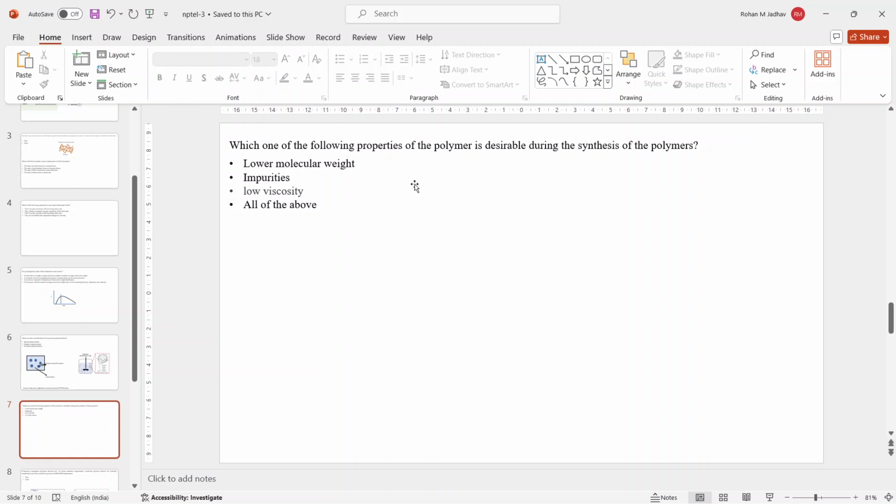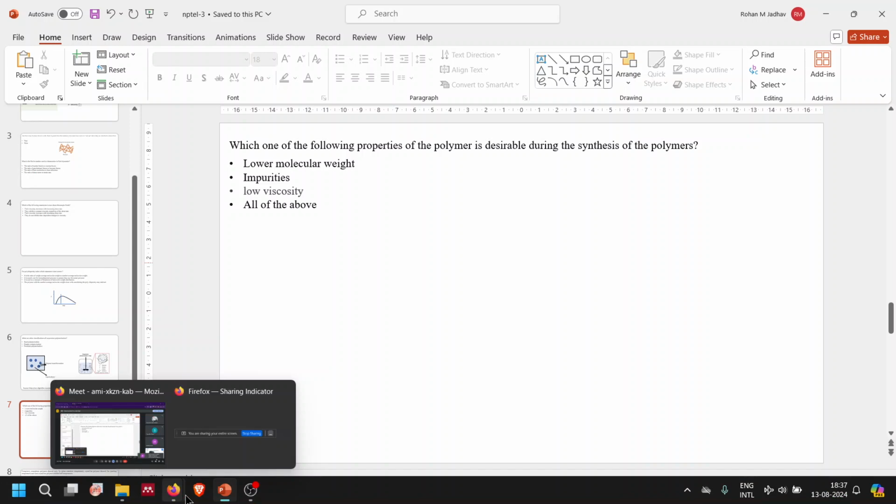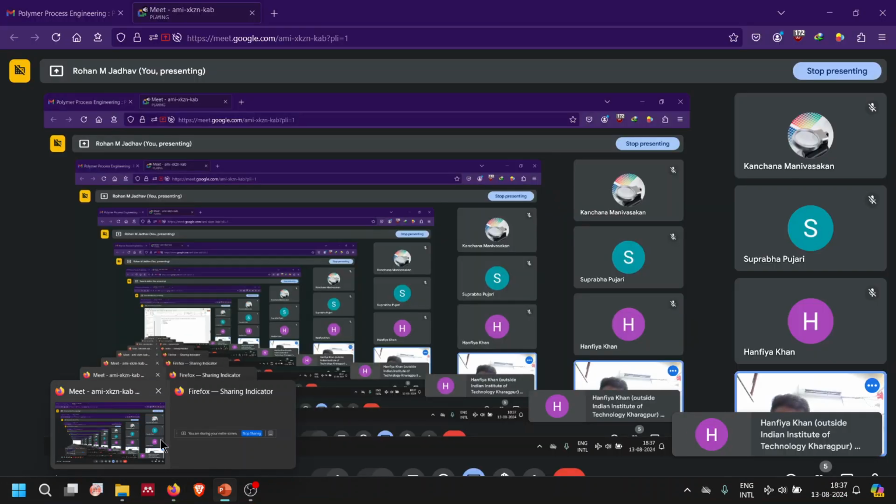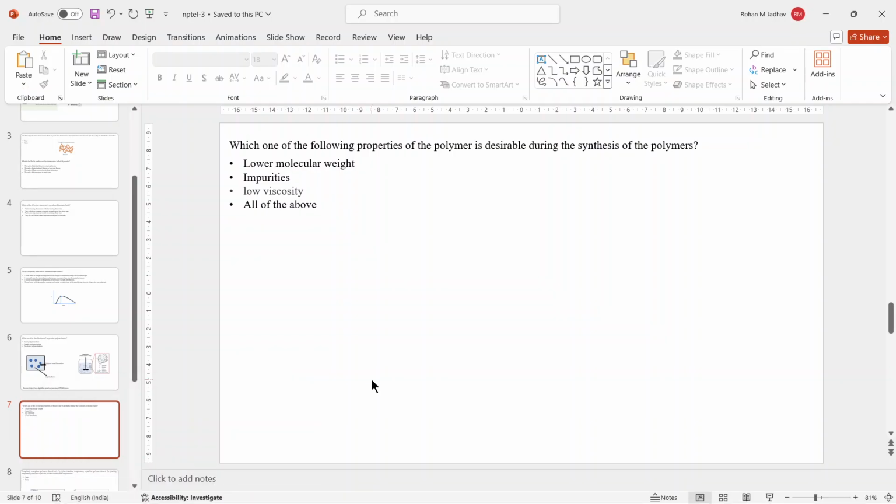Because of this impurity, your final finished product will have some imperfection. So that's why you would not want impurities. It's undesirable.